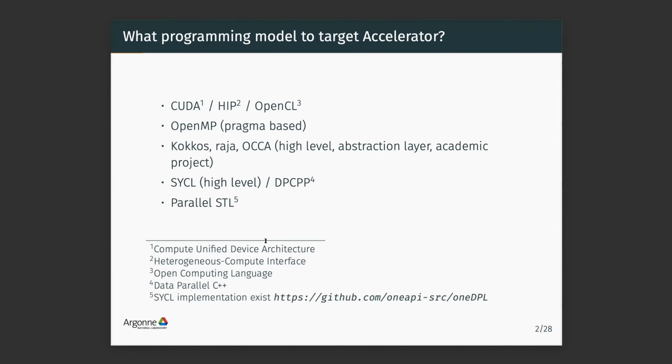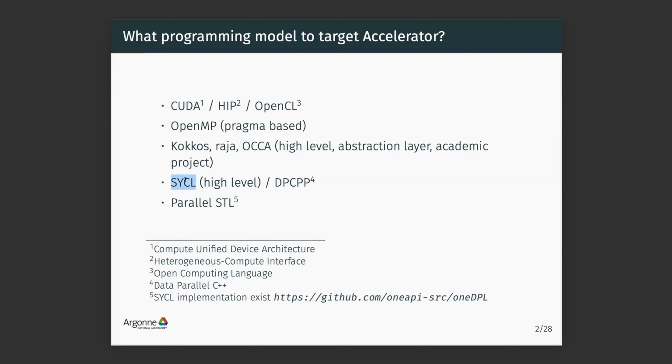And maybe if you want to go higher on the abstraction layer, you have the parallel STL. Inside C++, you can now have some parallel algorithms, and some implementations exist with different backends, and one exists with a SYCL backend. Here I will target more SYCL.